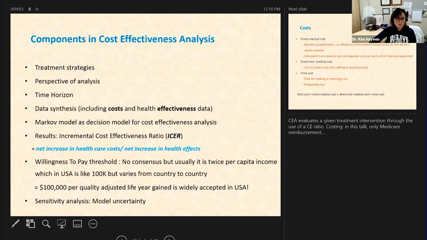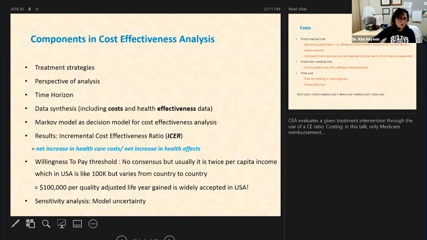And results are always presented as ICER, which means incremental cost effectiveness ratio. When we evaluate the ICER, we have to have some criteria for cost effectiveness, so a willingness to pay threshold is used.